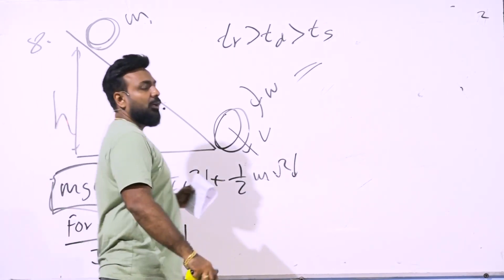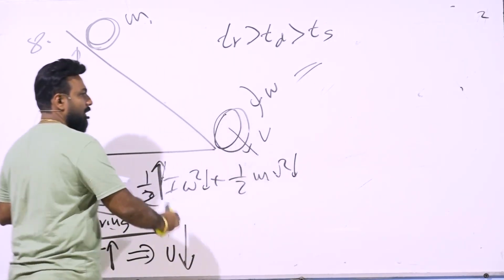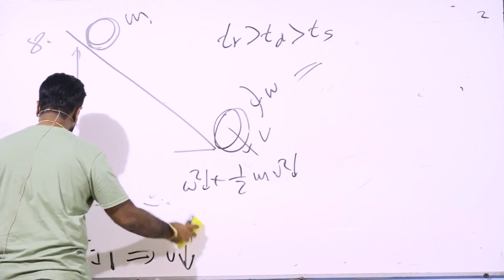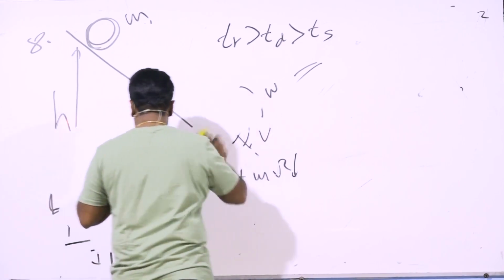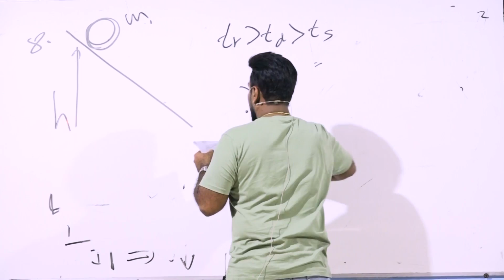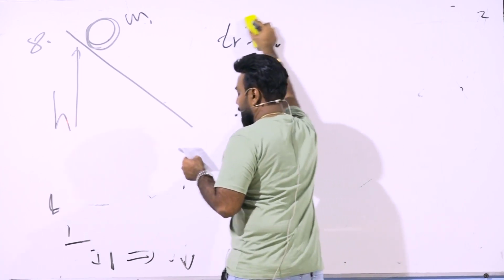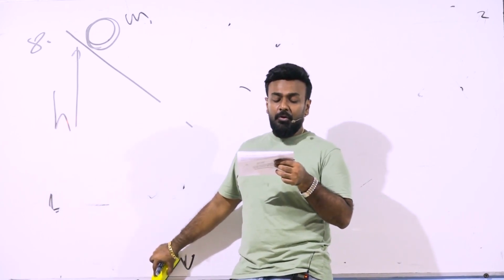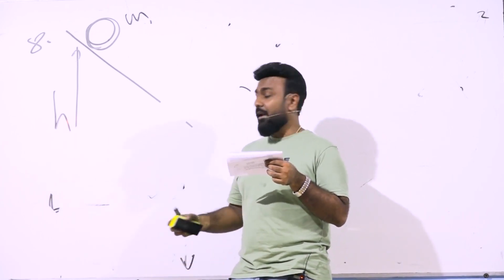Okay, now question number 9. Number 9 says two masses, capital M and small m, are placed on a frictionless surface and connected together as shown in the figure using a spring whose mass is negligible.